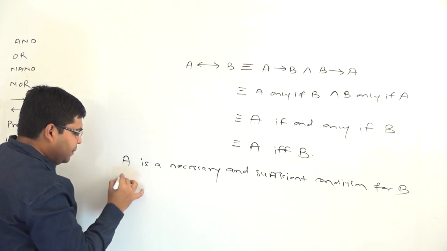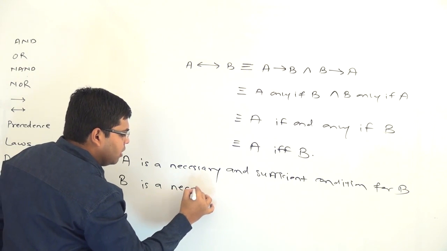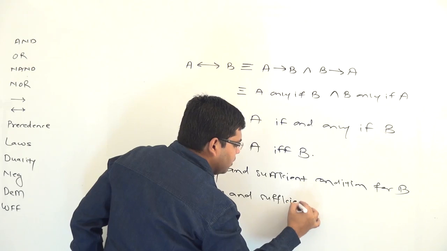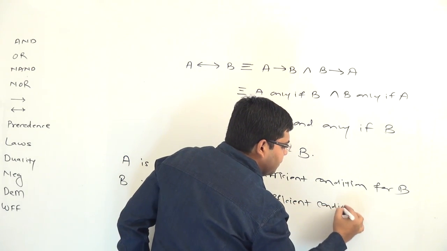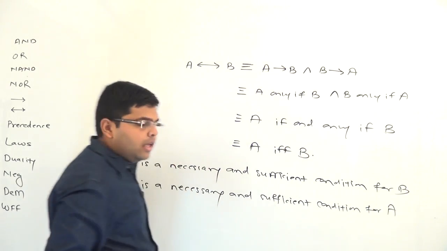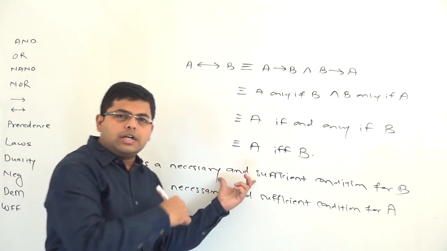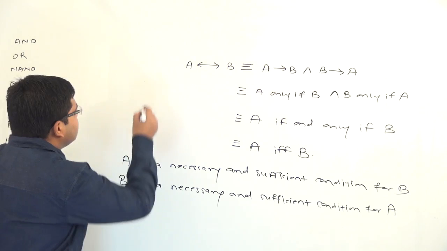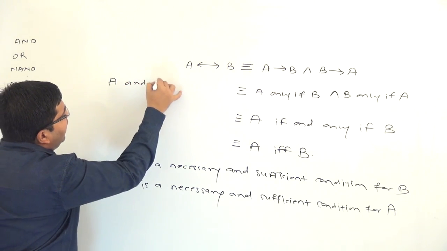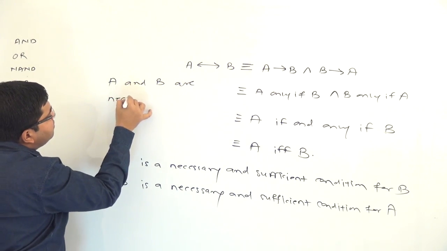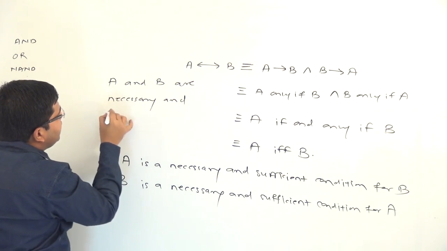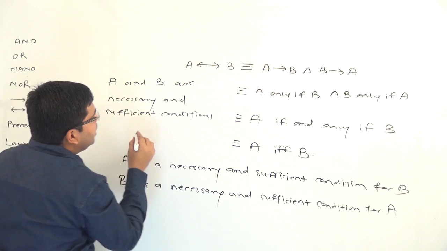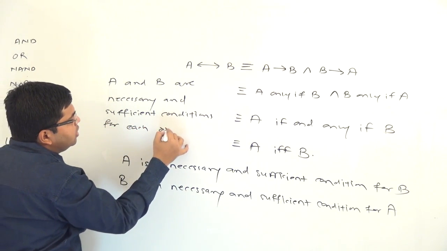So we can write B is a necessary and sufficient condition for A. And from these two, A is a necessary and sufficient condition for B, and B is a necessary and sufficient condition for A. If we combine these two sentences, then we can write A and B are necessary and sufficient conditions for each other.